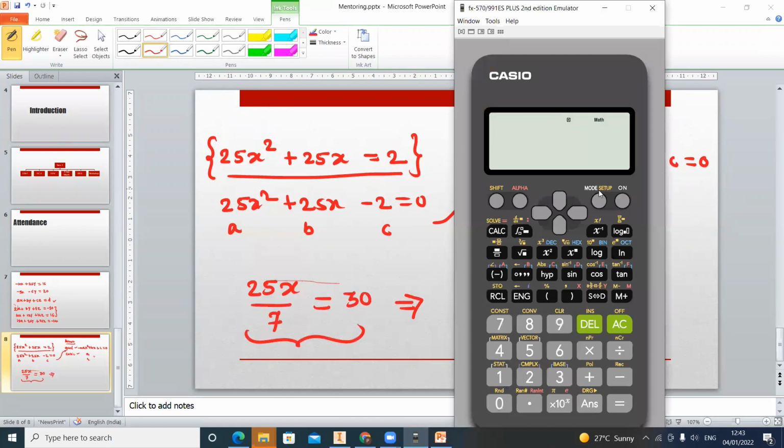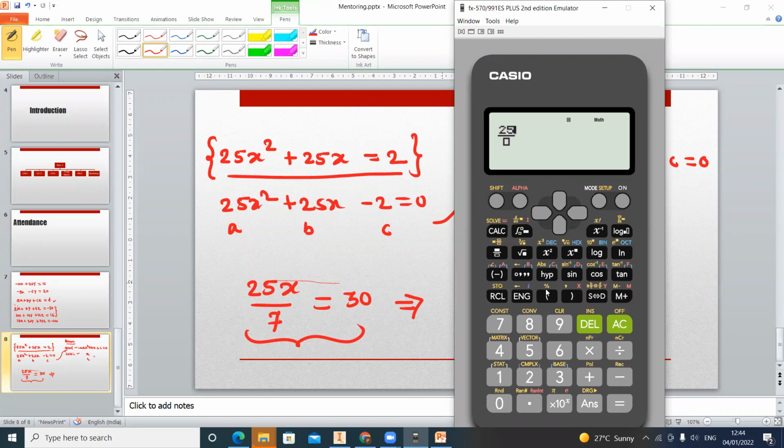First make sure that the calculator is in the normal mode. For that select mode, select 1. Right now the left hand side is a fraction, so select this option. Enter the equation, 25. Now here x is a variable in this equation.